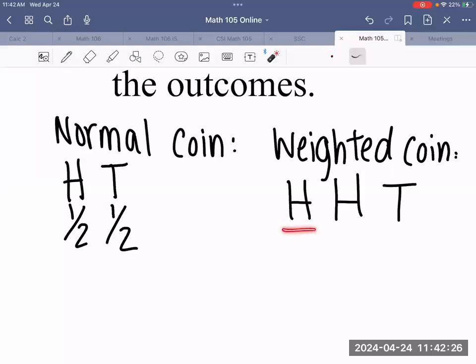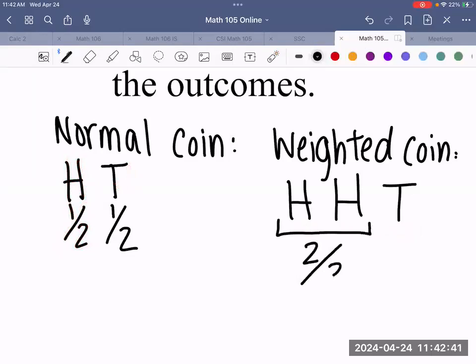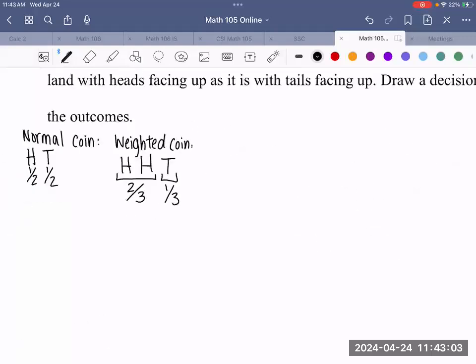Twice as likely means 2 heads for every 1 tails. So instead of 1 heads out of the 2 outcomes and 1 tail out of the 2, we have 2 heads out of the 3 total outcomes, 1, 2, 3, and 1 tail out of the 3 total outcomes. Now this is going to be your unfair coin, because we are tossing 2 coins. One is fair, and the second coin is different, which is twice as likely. So if that's all you needed, please pause the video and try and get started.